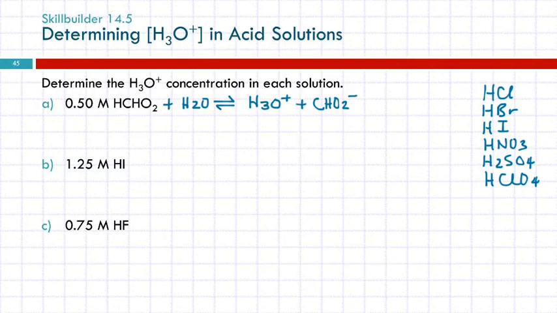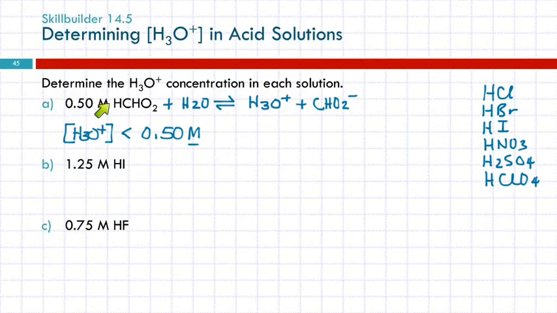So can we actually calculate the concentration? Not with the information I've given you. All we can say about this is that the hydronium ion concentration is less than 0.50 molar.